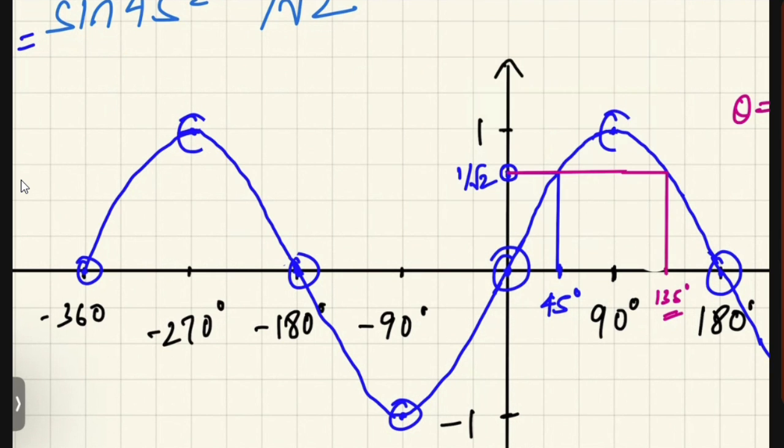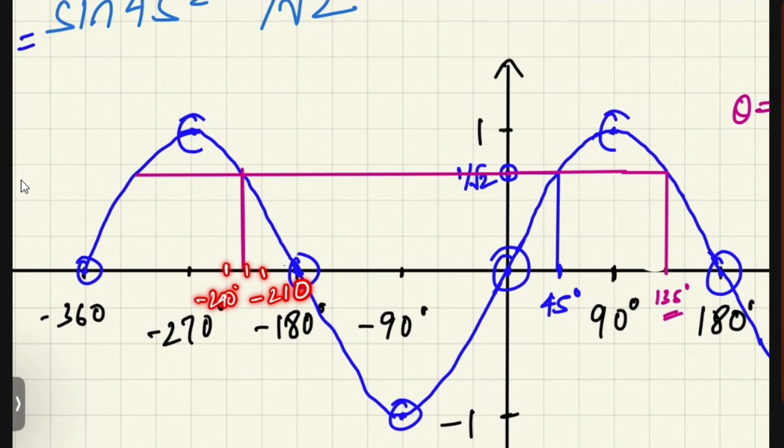You will drop a perpendicular from here on the curve, so I'm cutting the two values. The other one will be minus 315.